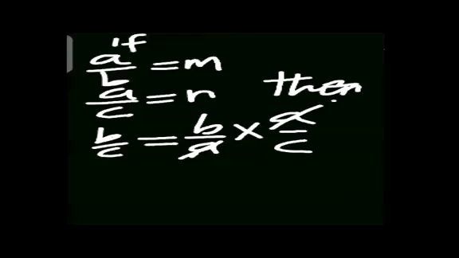So I can write my B over C as B over A multiplied by A over C. B over A, according to what I have here, A over B is M, and that means B over A will be 1 over M multiplied by A over C. My A over C is N from here, so this actually will be N over M.